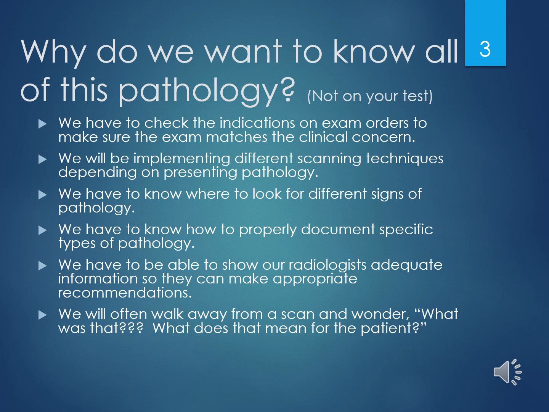So the radiologist is going to make their recommendations based off of what you show them. For example, if you're looking at something in the liver and you're thinking, hey, this might be focal nodular hyperplasia, or this might be an adenoma, well, one of them is going to require surgical resection and the other one doesn't.